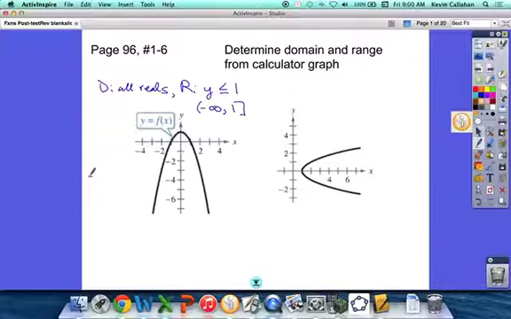How about this one? Is the domain all real numbers? It's not. Where does it stop? At x equals 1. So, okay, how can I write that? Domain. It starts at 1 and it goes higher. How do I write that?